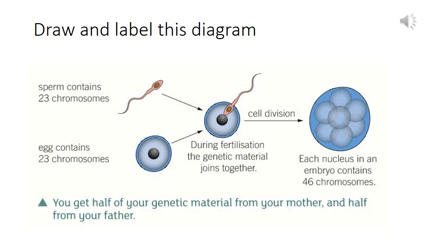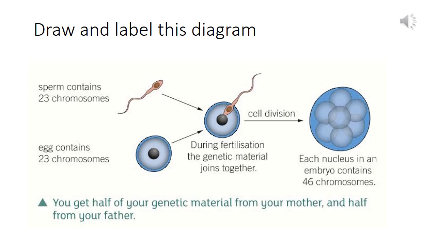Okay, I hope you still got those pencils in hand because we've got another very important diagram to have a look at. This is how you get DNA from your mum and from your dad, from both parents. So as we said, in the cells in your body, they contain chromosomes.